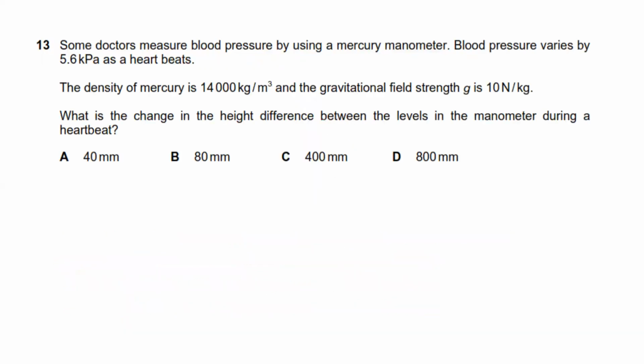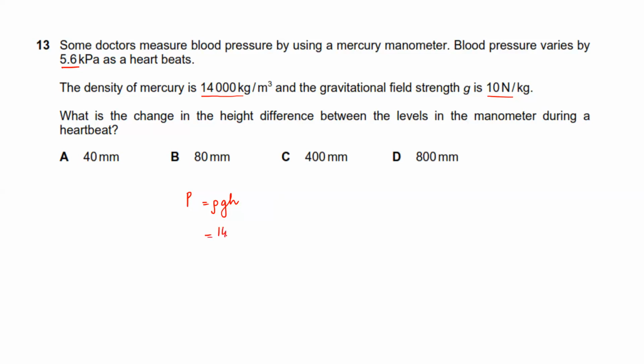Next question, question 13. It says some doctors measure blood pressure using a mercury manometer. Blood pressure varies by 50 kilopascals as the heart beats. The density of mercury is 14,000 kilograms per meter cube, and the gravitational field strength is 10 newton per kg. What is the difference between the levels of the manometer during the heartbeat? So again, the pressure is equal to rho g h.